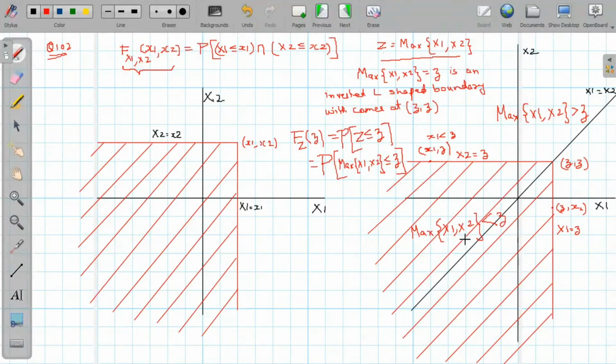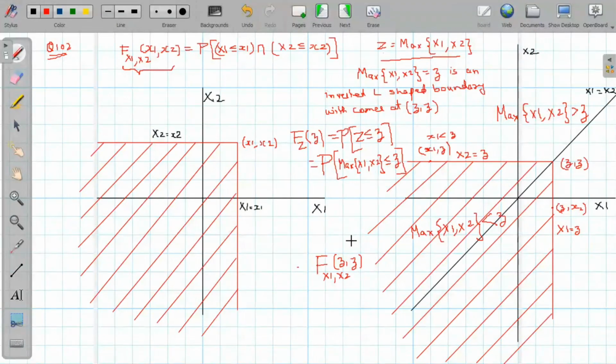You can observe here that these two regions are similar, except here x1 and x2 are equal, and they are equal to small z. So from the definition of joint CDF of x1 and x2, the probability that x1 and x2 lie in this region will be equal to capital F x1 comma x2 of z comma z. By just comparing these two, you can write this.